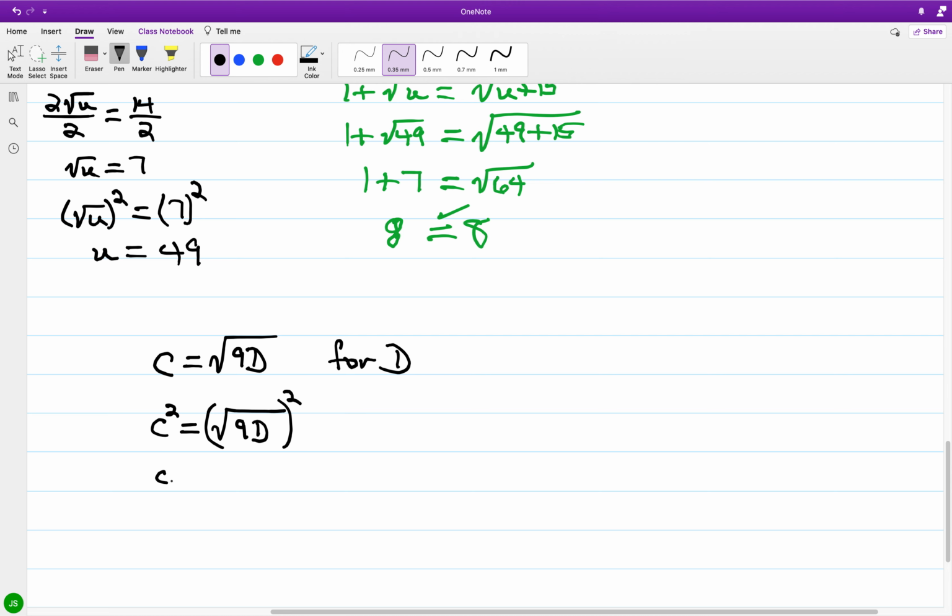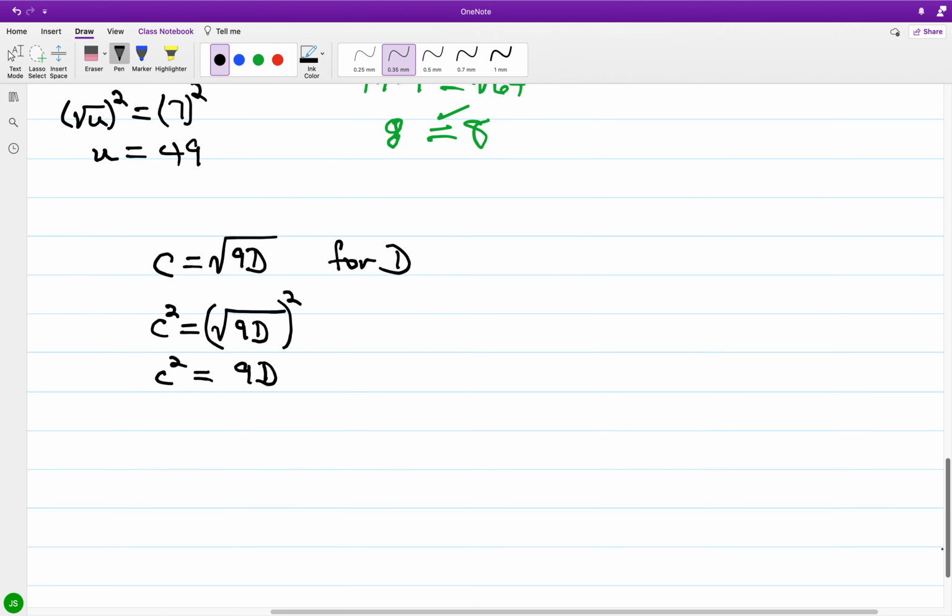Squaring both sides, I have c squared is equal to 9 times d. And isolating the variable d, we have a division by 9. So c squared over 9 is equal to d, which is the statement d is equal to c squared over 9.